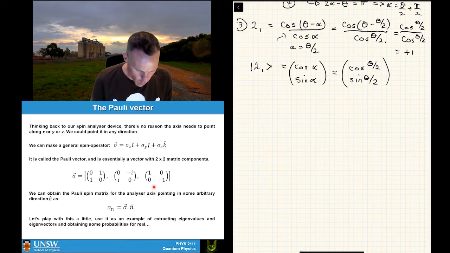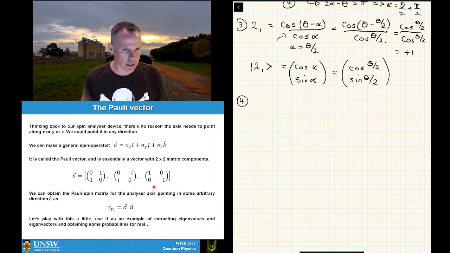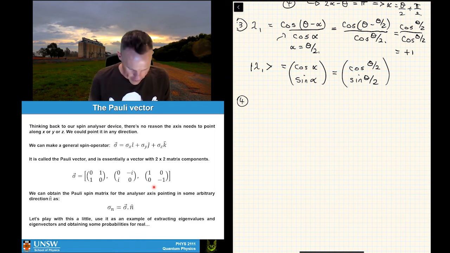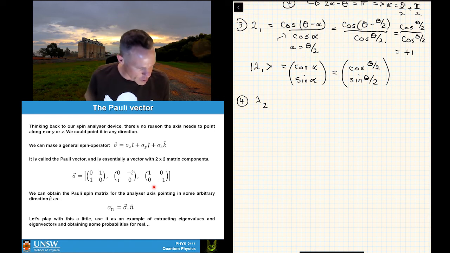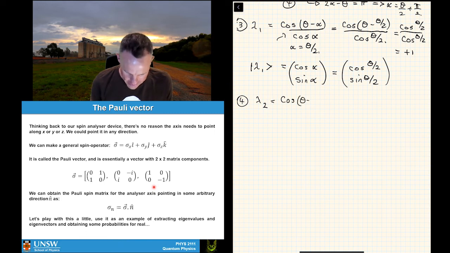We can do this for 4 as well, and 4 ends up being slightly trickier, but I'll work through it. So this one now we'll call lambda 2. Getting a bit late in the evening today, so hopefully I don't make too many mistakes from here. And we can do this again by the same logic. So this will be cos theta minus alpha on cos alpha.